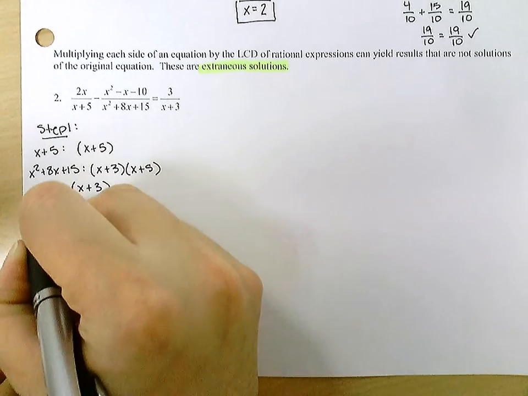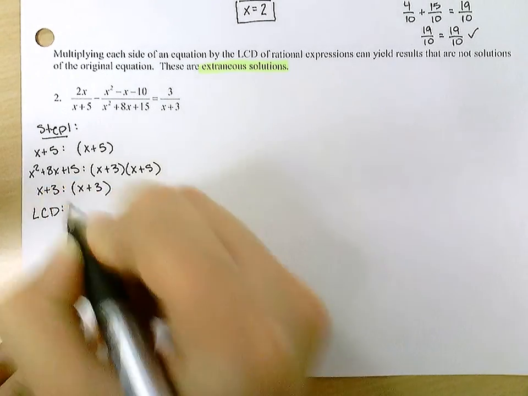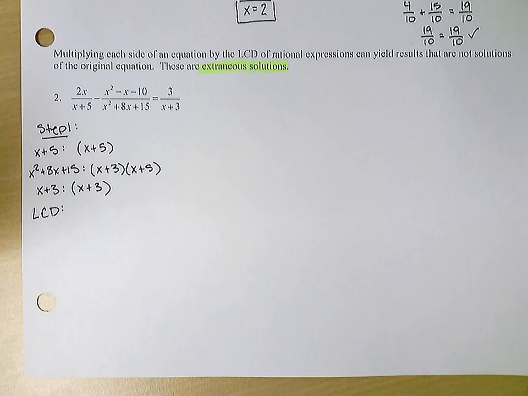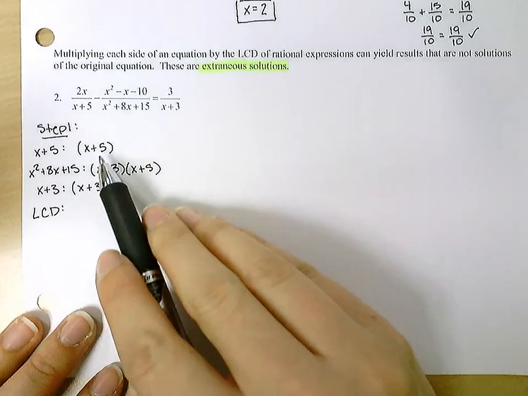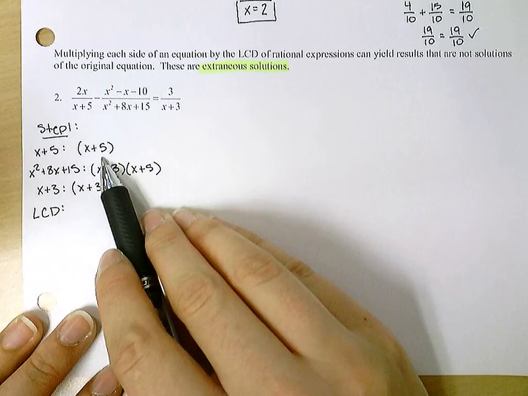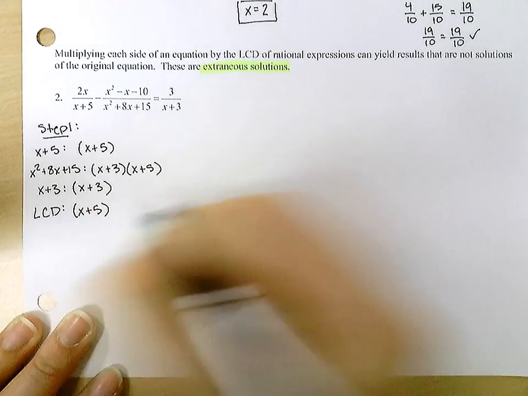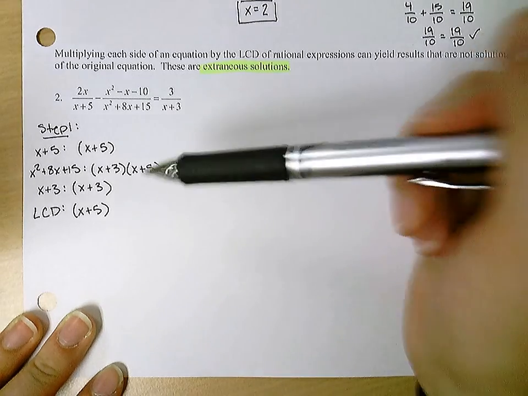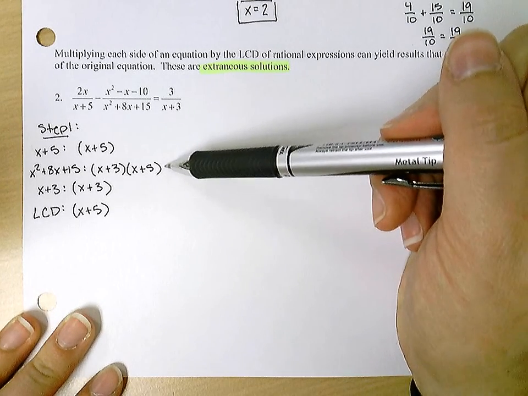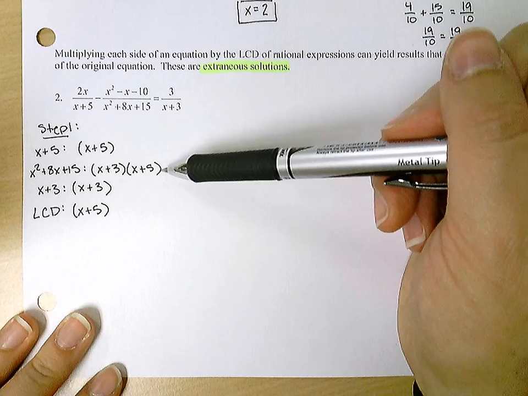So then to get this least common denominator, or your least common multiple of all three, you take your first term, so the first factored version, which would be x plus 5. Look to your second factored denominator here.